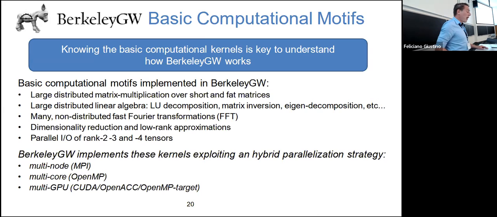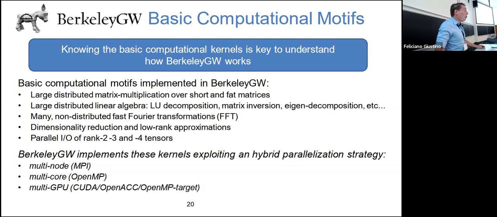We perform a lot of large distributed matrix multiplication, for example, for the calculation of the polarizability matrix. We perform a lot of large distributed linear algebra, LU decomposition to perform low rank approximation, for example, matrix inversion, or eigen decomposition, the eigenproblem. That is basically the way we extract the exciton wave function out of the BSE Hamiltonian.